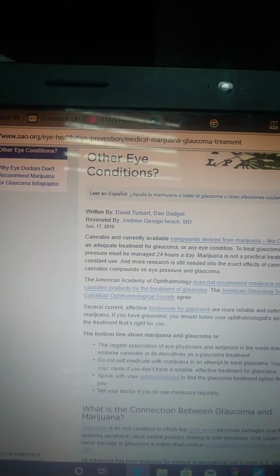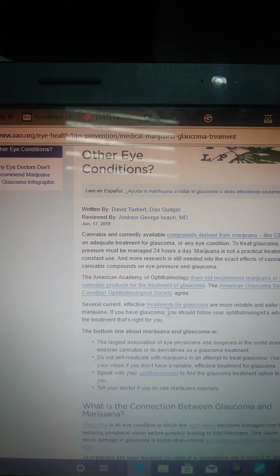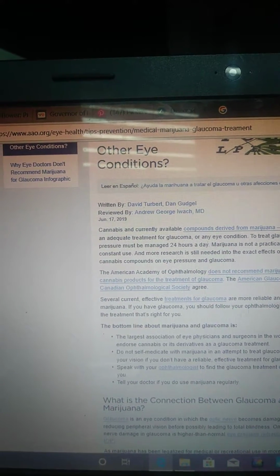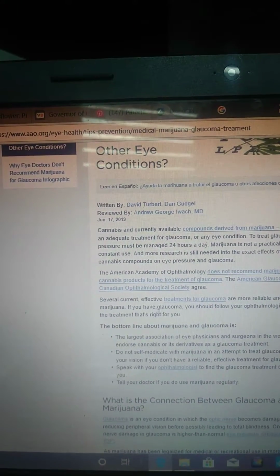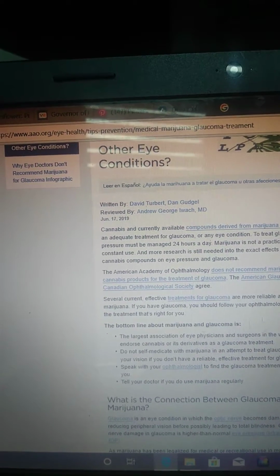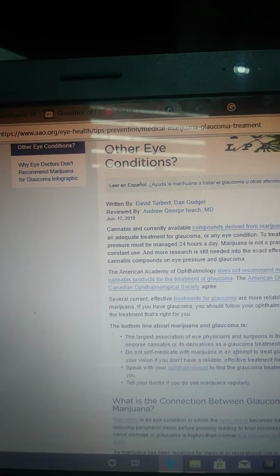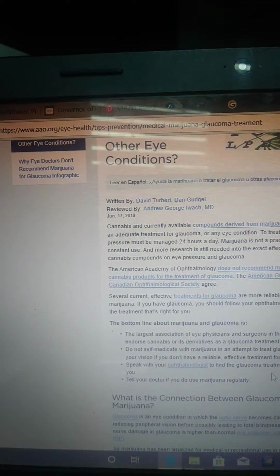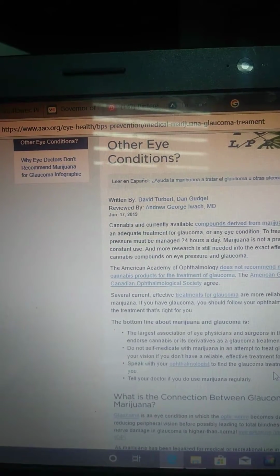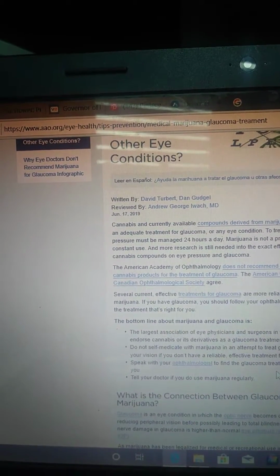Several current effective treatments for glaucoma are more reliable and safer than marijuana. If you have glaucoma, you should follow your eye doctor's advice to get the treatment that's right for you. But they don't even know what causes that. They're just assuming all of this stuff. I can see from an injury, if you get beat up, but what about years of it? They don't really know, you know.